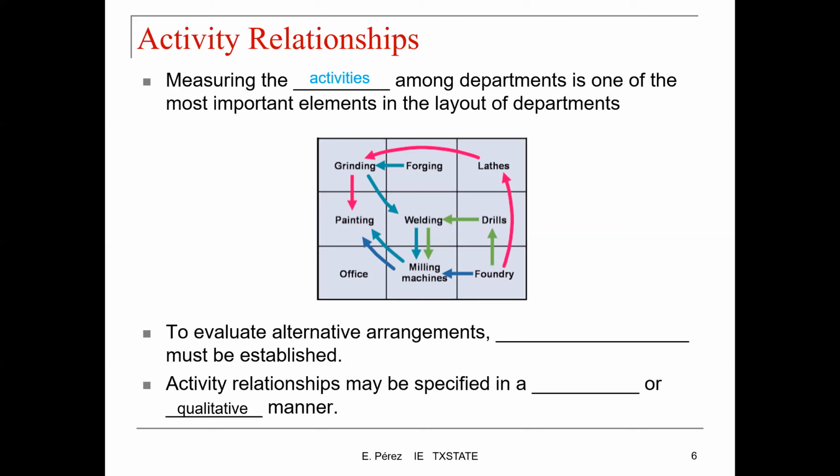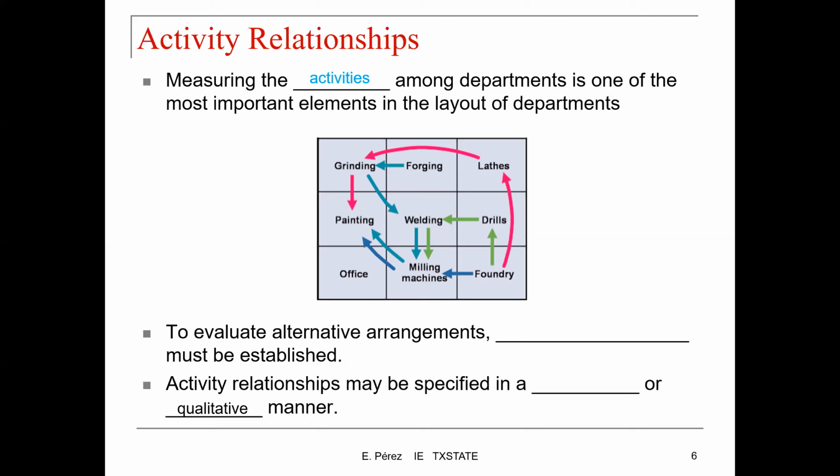So in this figure, that's what we are trying to illustrate with the arrows and the different colors: the activities, and what the activities are that are connected to different departments. In this figure, the colors have no meaning, but in general, we want to differentiate the arrows by the level of activity.